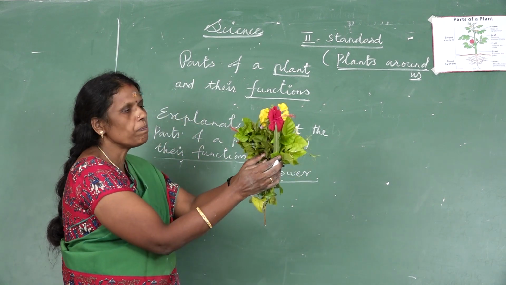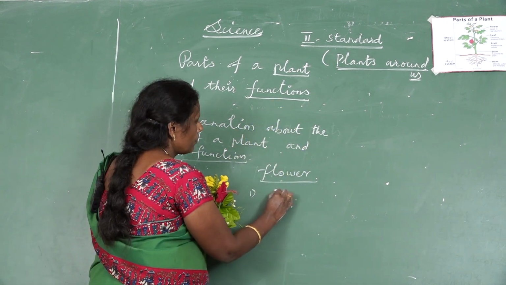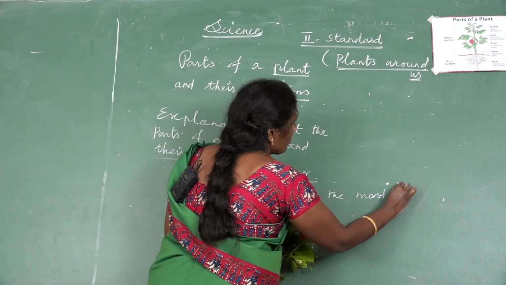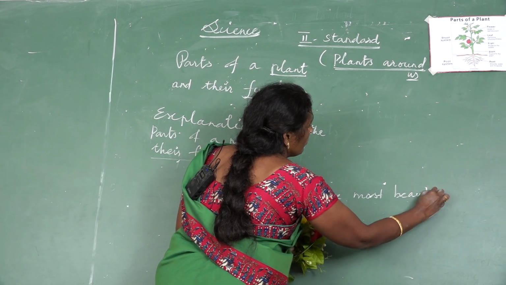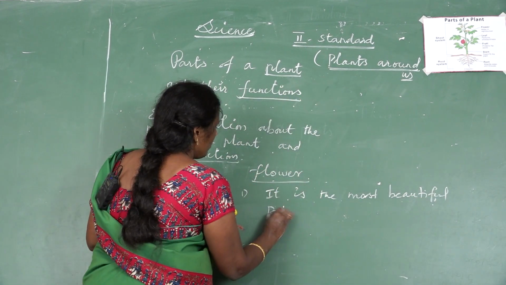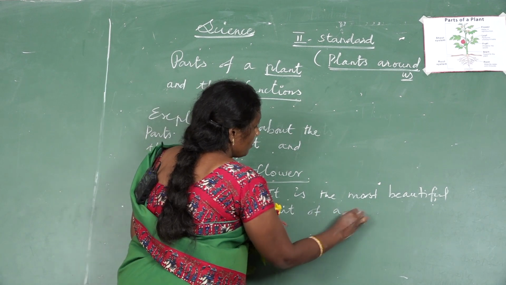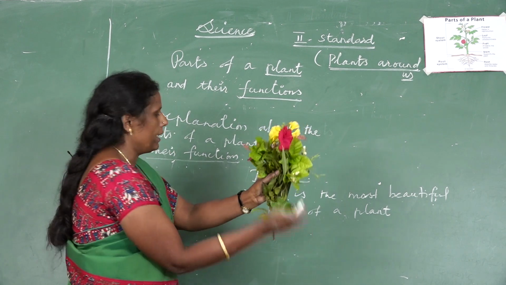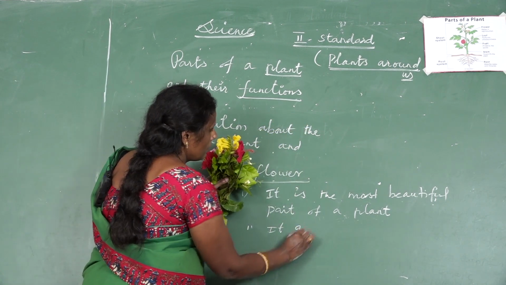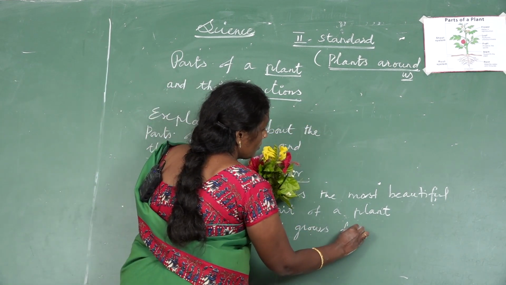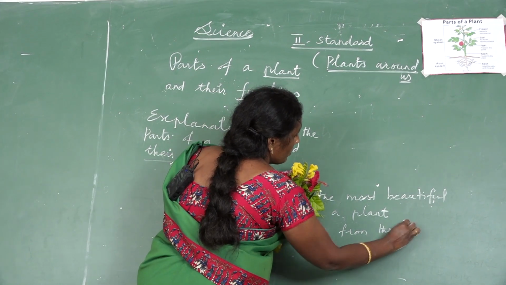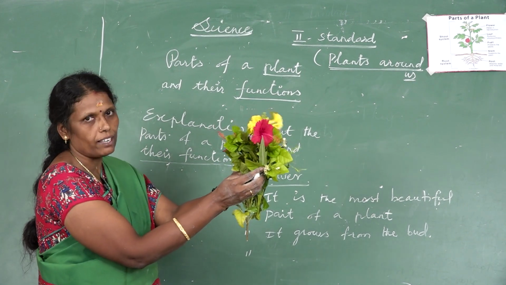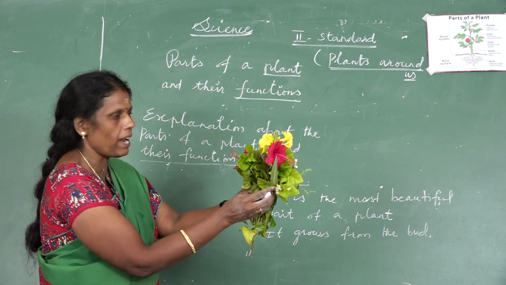It is the most beautiful part of the plant. It grows from the bud. It has specific fragrance. What is the meaning of fragrance? Smell.